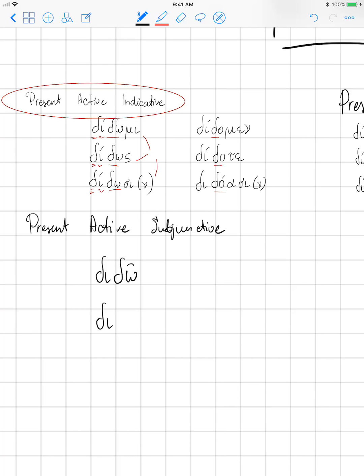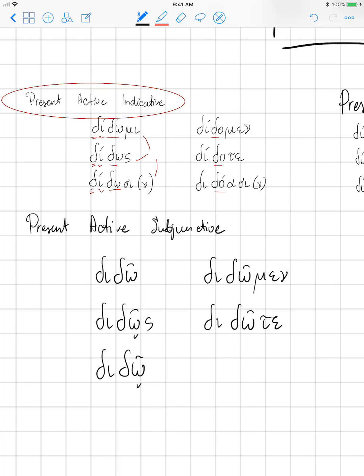Didō, didōis, didōi, didōmen, didōte, and didōsi. Now what do we have? We see omega with the circumflex, just with the accent mark.